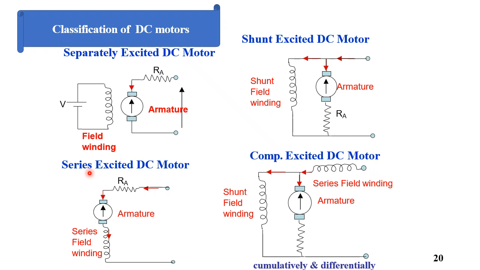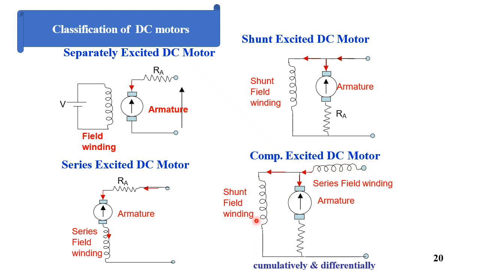The third category or classification is the series excited DC motor, where the armature and field are connected in series, and this field winding is different from the shunt field winding, and we will see this in the next slides. The next type is the compound excited DC motor.